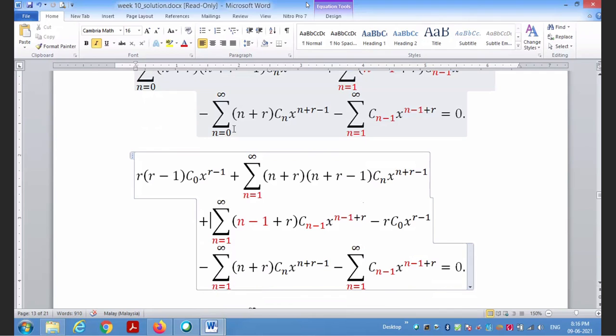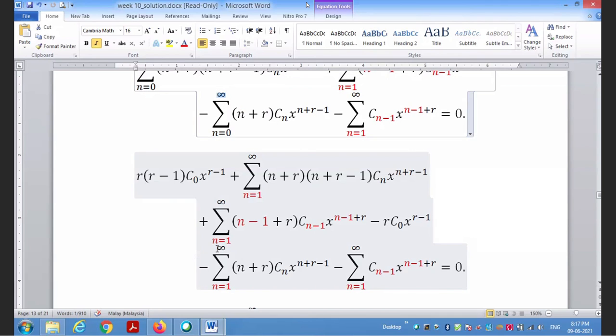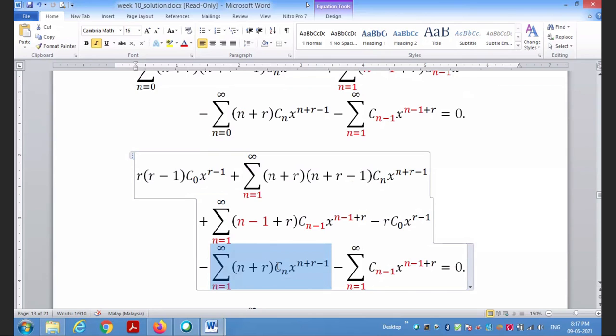The third one again, you replace n with 0. So you have minus 0 plus r, which is minus r, c0, x to the 0 plus r minus 1, so r minus 1. From now on, these summations start with 1. So you have this, right? And the last one remains unchanged.